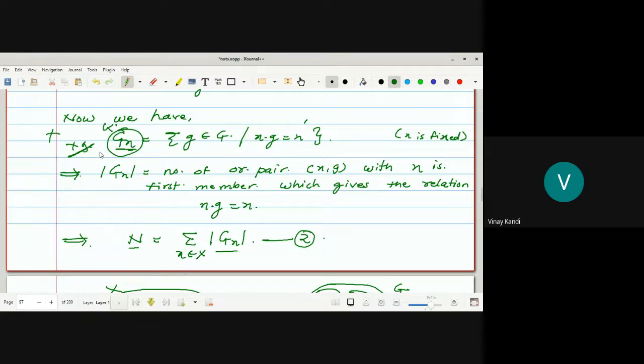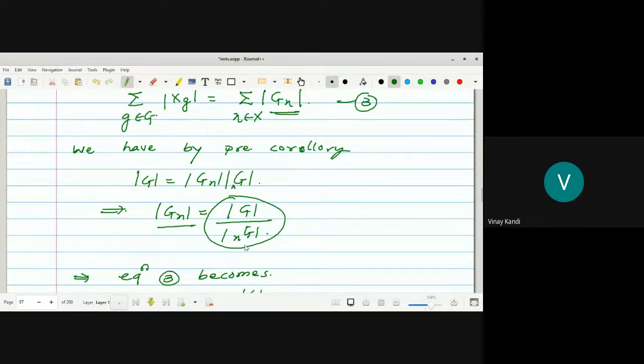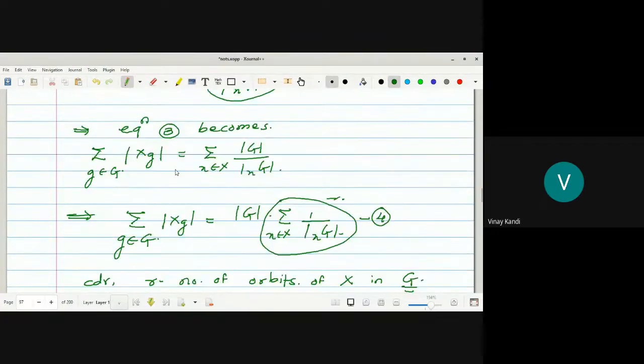Okay. So n is equal to this one. Comparing 1 and 2, you get this one. But the best, order of Gx is equal to order of G upon order of Xg. Okay, hence the equation 3 becomes now this one. Now here the sum is 1 over x, right? So we can take order of G outside. Okay.